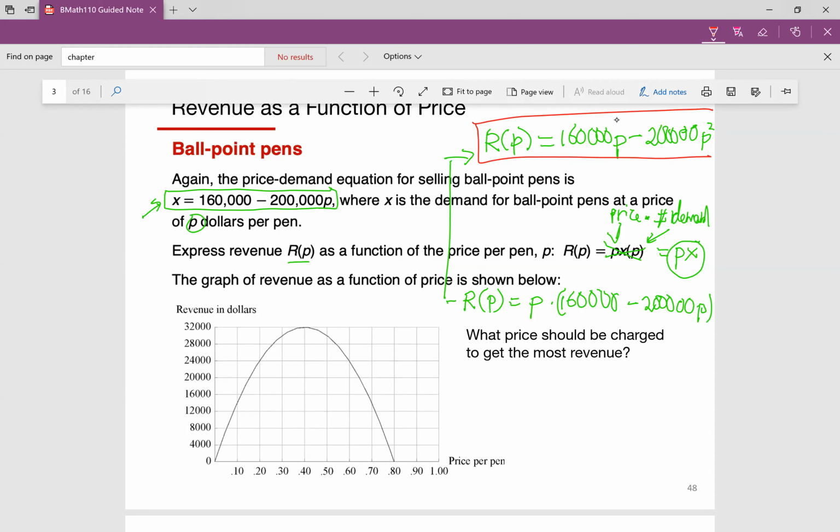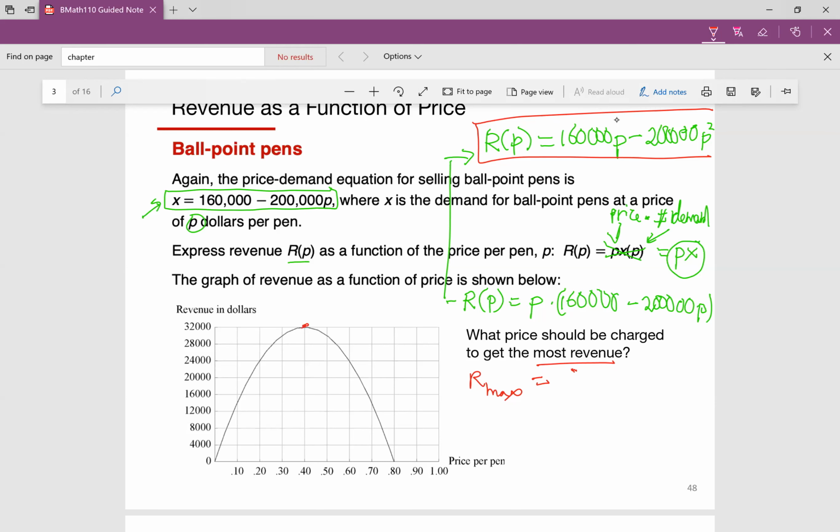Now, what price should be charged to get the most revenue? What does that mean? That means revenue is max, right? Take a look at the graph.